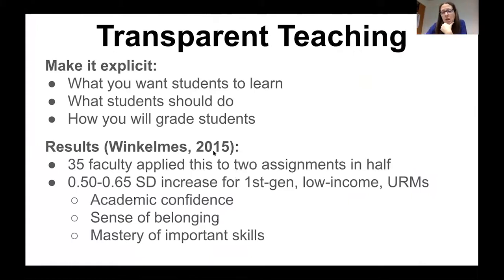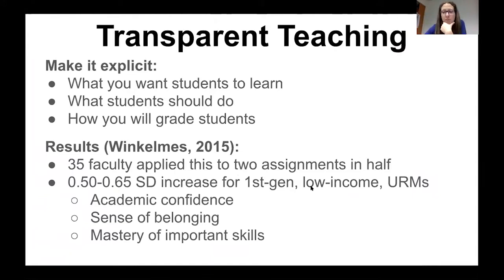The results that they're finding is that when faculty make just two homework assignments in their class more transparent about what students are learning, what they should do, and how they'll be graded, there was a differential impact for students who were first-generation college students, low income, or underrepresented minority.